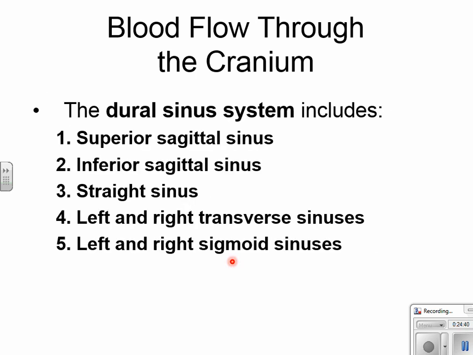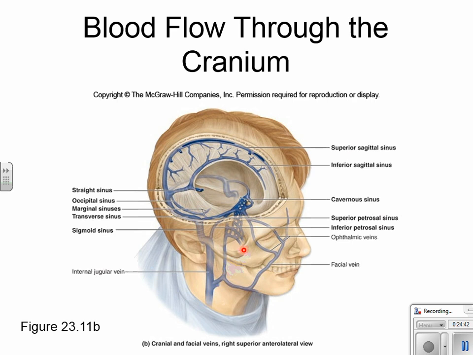Guys, just for fun, we're not going to ask any test questions about this, but we get blood to the brain, it's got to get back to the heart. So this is like foreshadowing. You can see a very large sheet here in between, down the sagittal region of the brain. The brain's been removed, and this is where the right and left cerebral hemispheres are separated. So we have some sinus return.